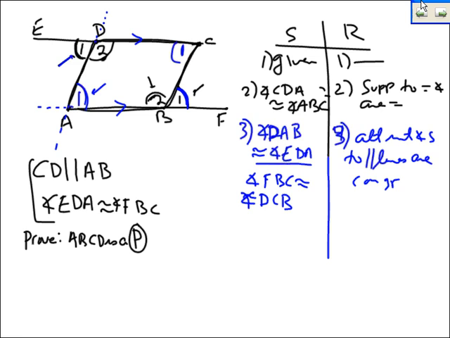Alright, so now, number 4. ABCD is a parallelogram. Why is that?